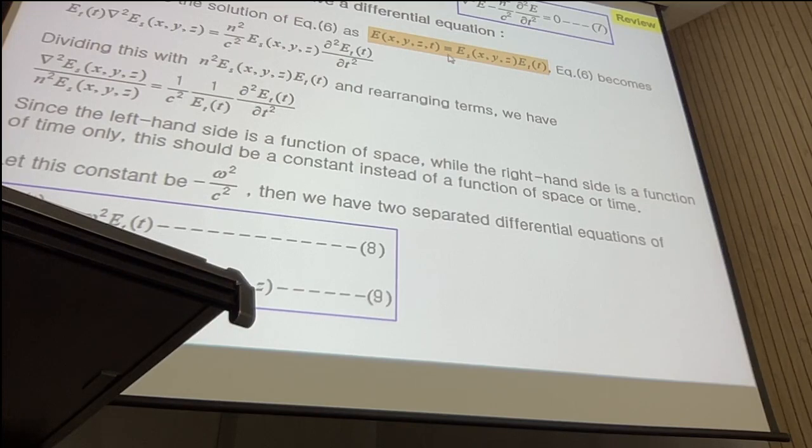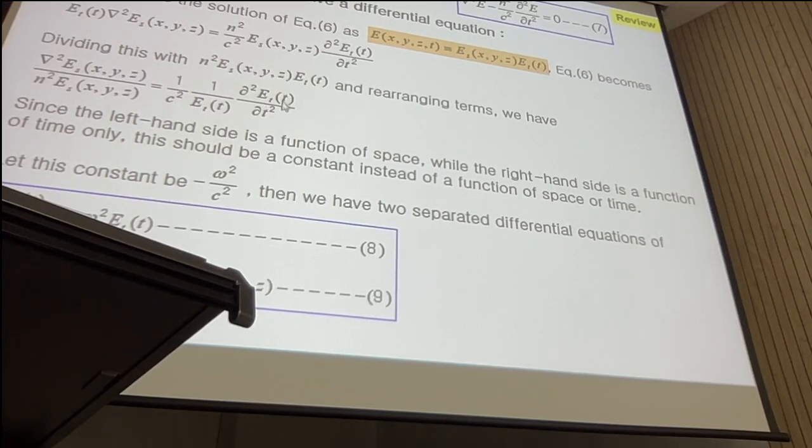If we assume this and put it into equation 7, and then divide both sides by E, then we have, if we take this one to the right side, ET and del square ES plus a constant ES times the second order derivative of the temporal function of E. And if we divide both sides by this, then the left side is only a spatial function and the right side is only a temporal function.